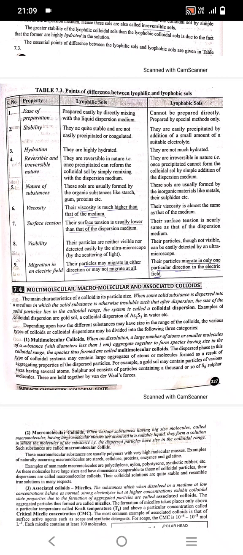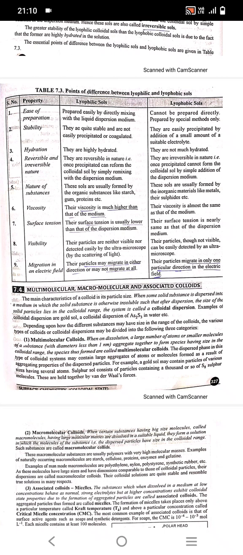Their viscosity is much higher than that of the medium. Their surface tension is usually lower than that of the dispersion medium. Their particles are neither visible nor easily detected by the ultramicroscope through scattering of light. Their particles may migrate in either direction or not migrate at all.